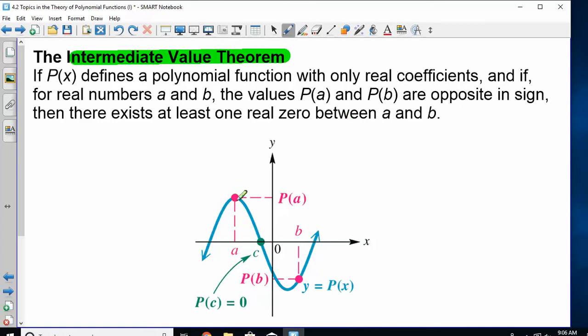So it's saying I have two x's, and when I plug them in, I get different y values. One y value is positive and one y value is negative. Then that means that somewhere in between those, your function has to equal 0.